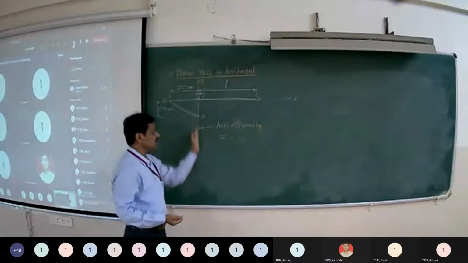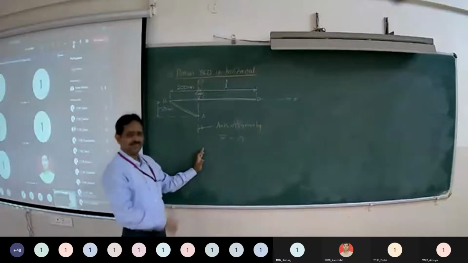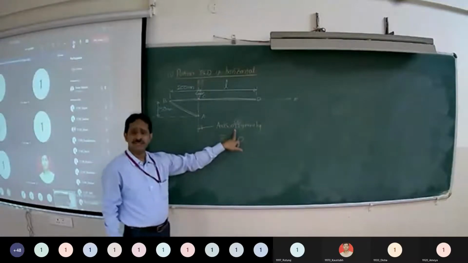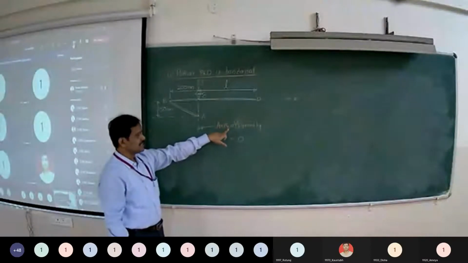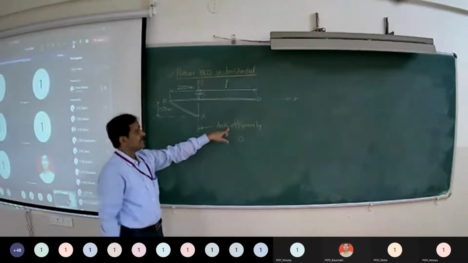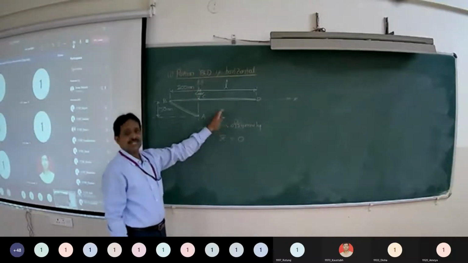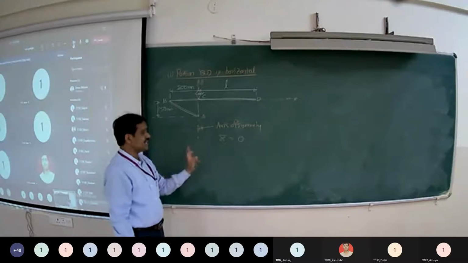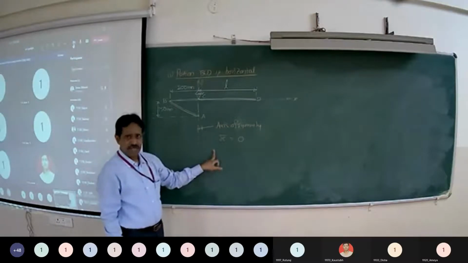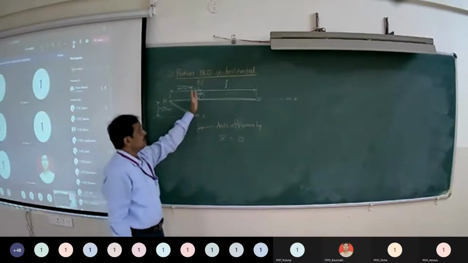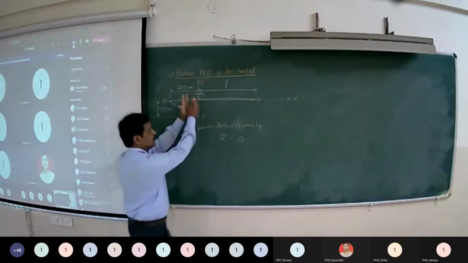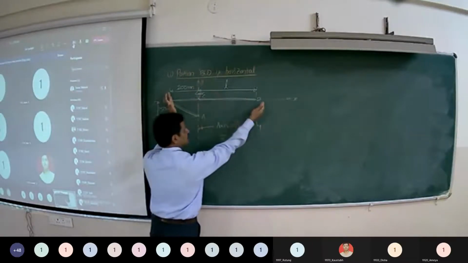We know that it is located on this vertical line. Therefore, I am calling that line the axis of symmetry. What is the definition of axis of symmetry? It is the line which divides the body into two parts such that the moments of those parts are equal and opposite on both sides.